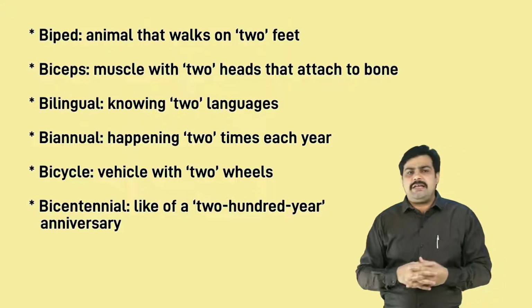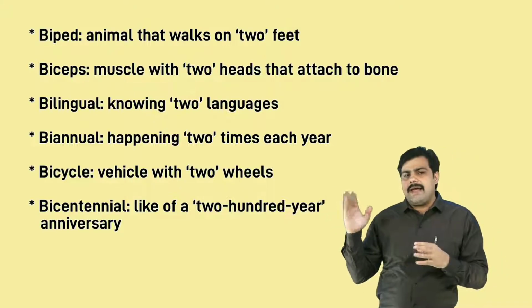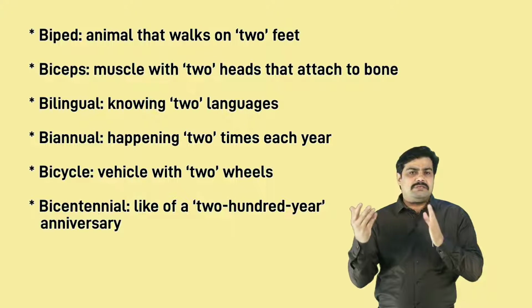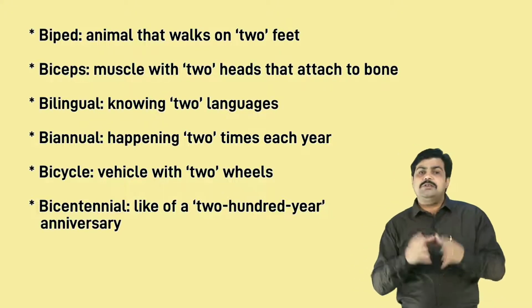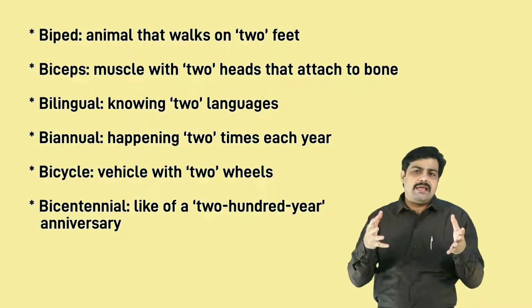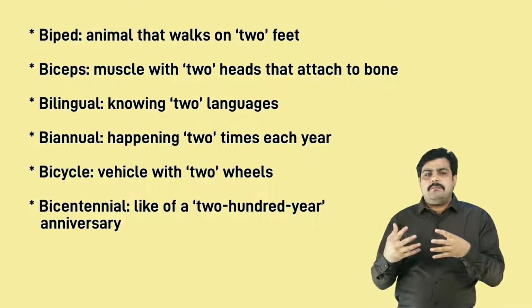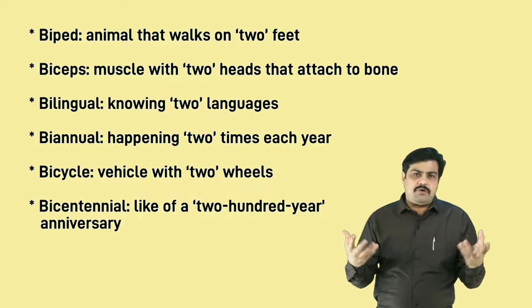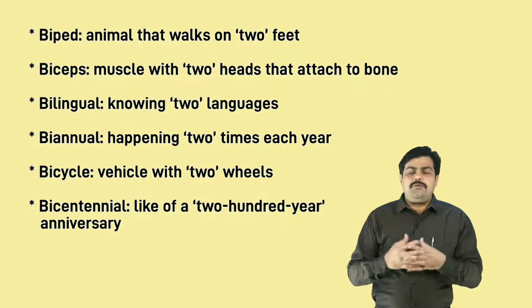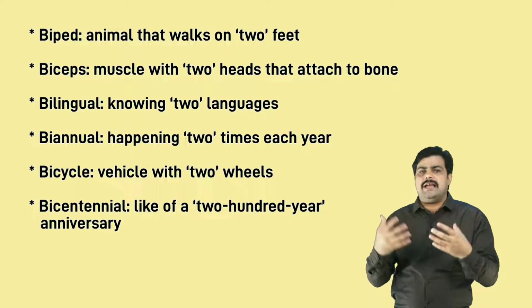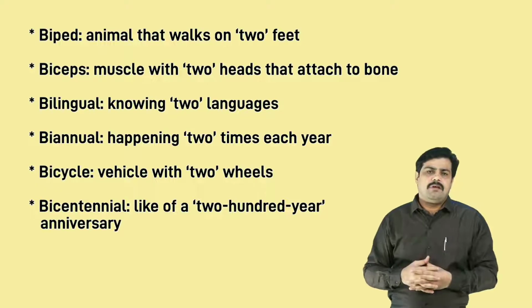Another word you see is bilingual. Bi means two, lingual means language, meaning any person knowing two languages fluently. He can use two languages. And biannual, annual means year, you know. So the word biannual means happening two times each year.